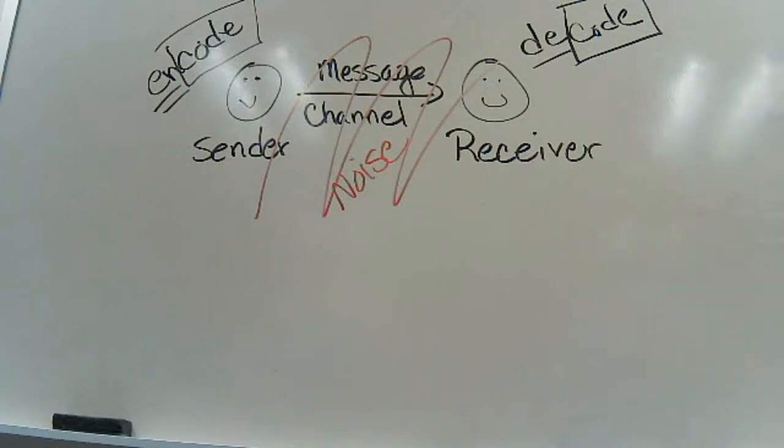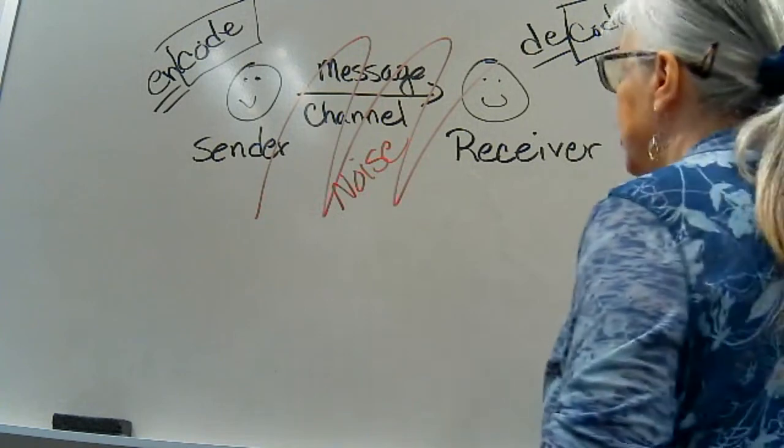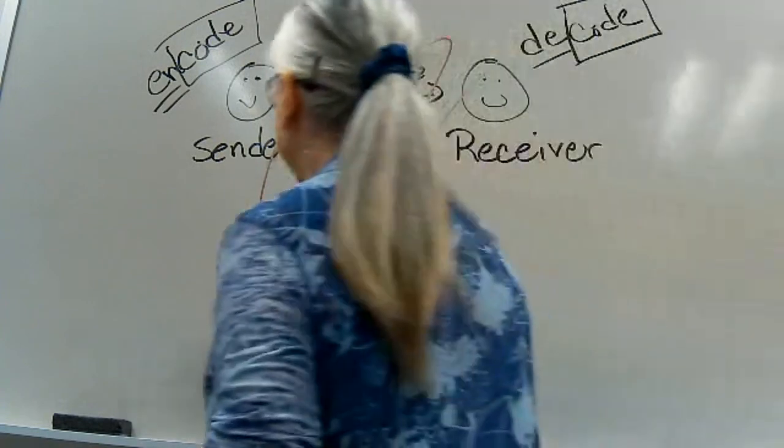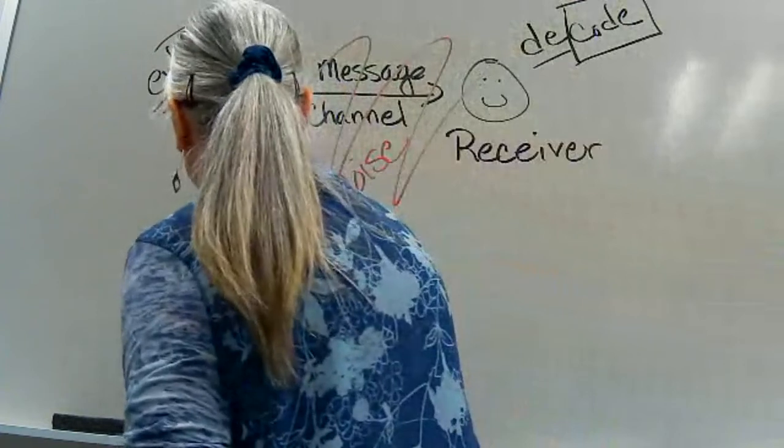When we look at noise, we're going to see just a few that have been identified when we are using this model. Now, this model is what's known as the transmission model. We're just transmitting. That's the first model.